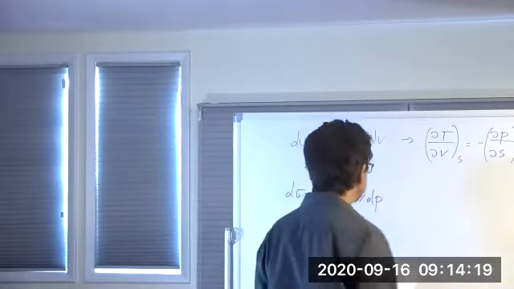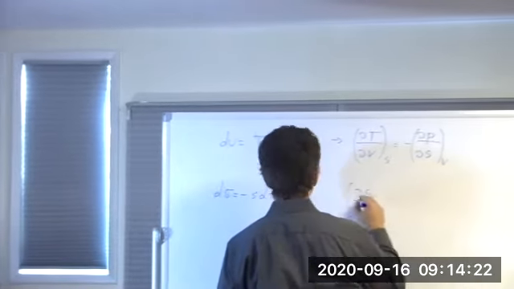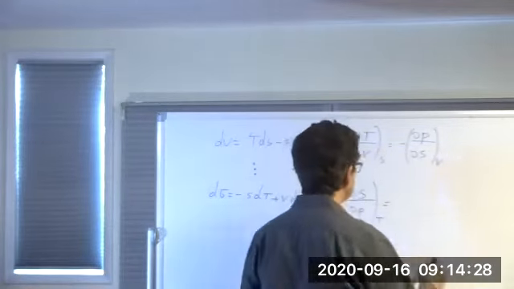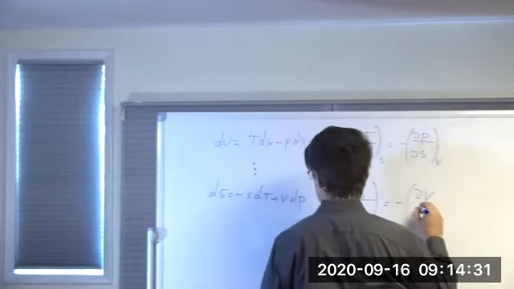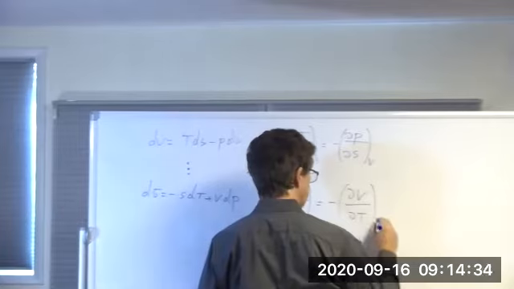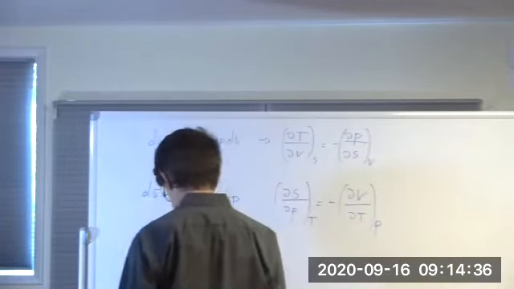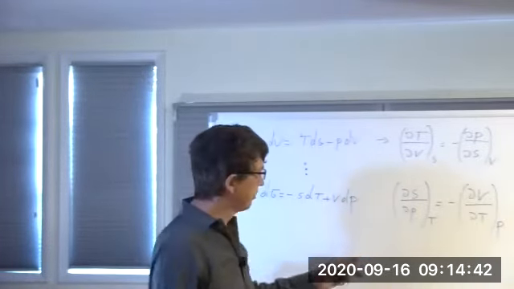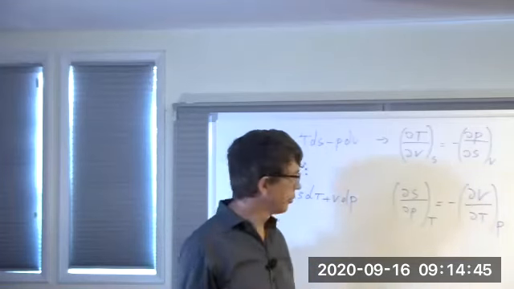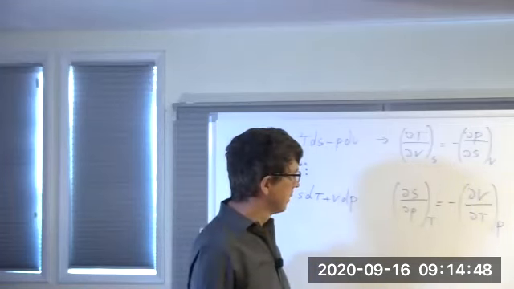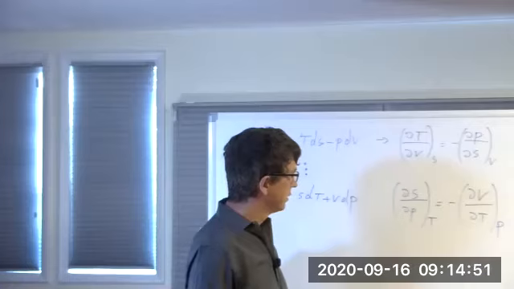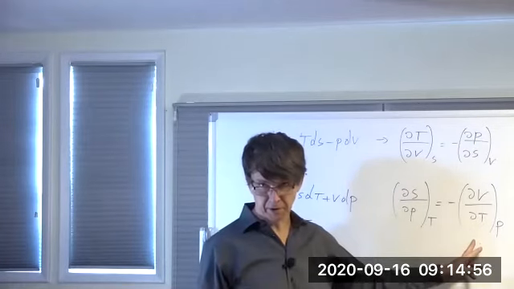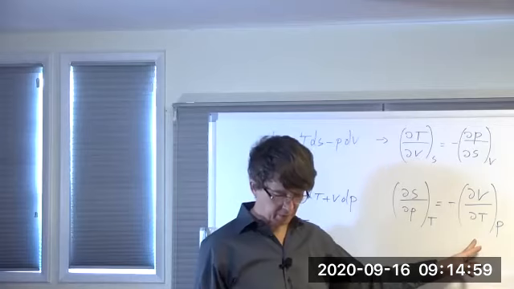So the Maxwell relation is that dS/dP at constant T is equal to minus dV/dT at constant P. And this is exactly what I wrote on the board before, right? And if you look back through your notes, this is proving that dS/dP is the same as thermal expansion, right? Which is kind of remarkable when you think about it.